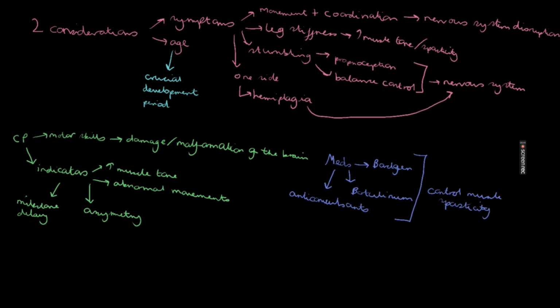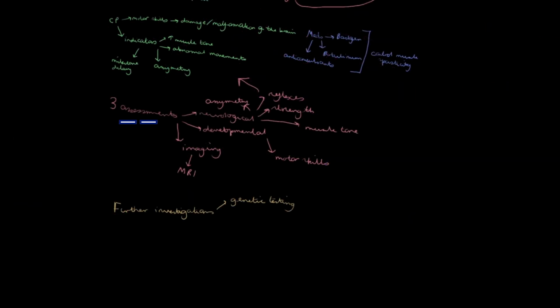So now that we've formed a diagnosis, there are 3 assessments that you can do on this patient: neurological, developmental, and imaging. So with a neurological exam, you would assess the child's strength, the muscle tone, reflexes, coordination, and balance. And the key thing that you're trying to look for, especially with our working diagnosis, is asymmetry.